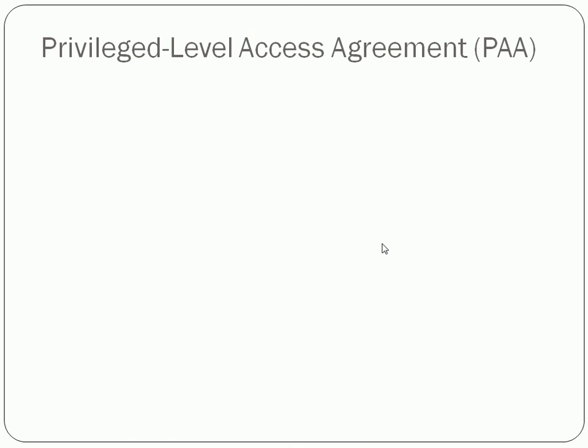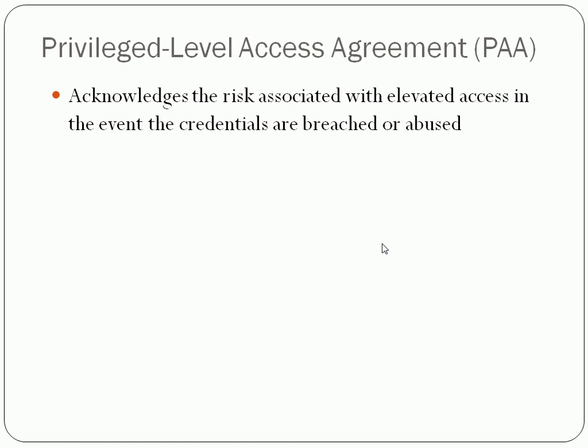Another document that we could produce, another part of our user domain policies, is the privilege level access agreement. This acknowledges the risk associated with elevated access in the event the credentials are breached or abused. The idea here is we've got system administrators and even some people that aren't system administrators that need elevated access to certain resources on the network.